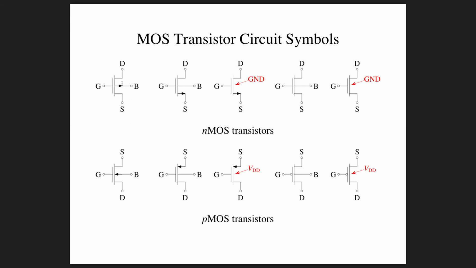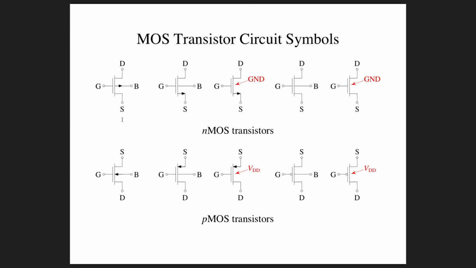Well, that creates a problem for these two symbols right away, because the only visual distinction between the NMOS and PMOS symbol for these two symbols over here on the left is whether there's an arrow that points away from the channel region toward the bulk, or whether the arrow points from the bulk into the channel region. So with these 4-terminal symbols, we really can't suppress the bulk connection at all. It's just not an option.